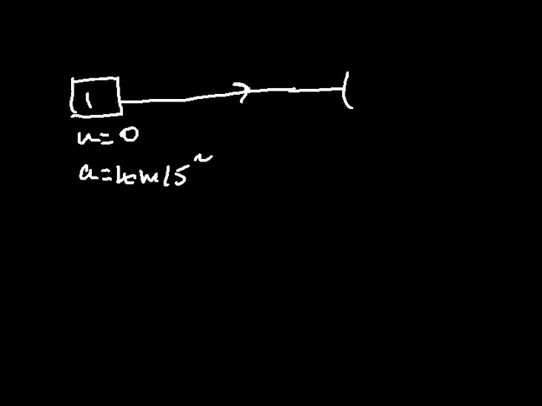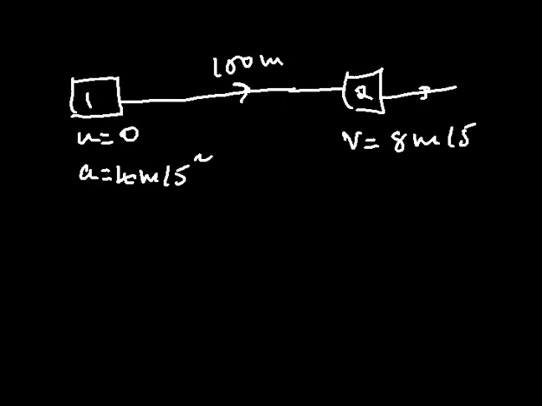Ahead of it there is another object, object 2, moving in the same direction, which object 1 has to catch or overtake. Object 2 is moving at a constant speed of 8 meters per second. And let's say object 1 is behind object 2 by 100 meters.